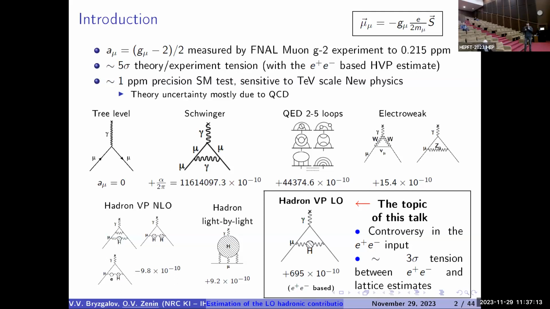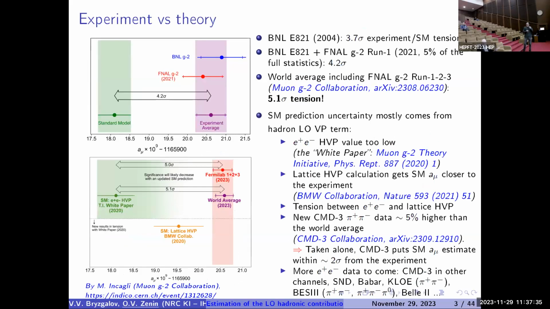And again, the major contribution to the uncertainty of the standard model estimate of g-2 comes from this term, leading order hadronic vacuum polarization. The experimental situation is depicted here.